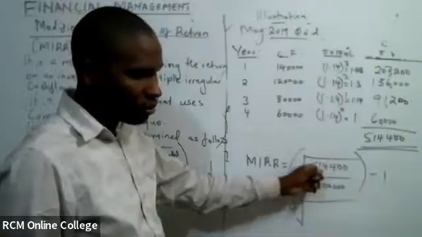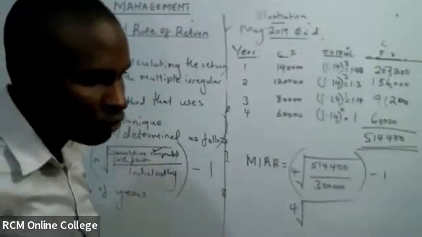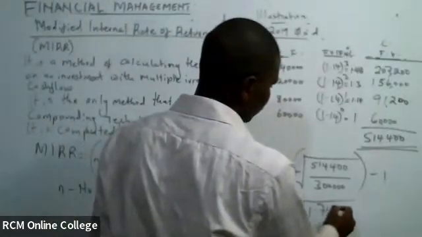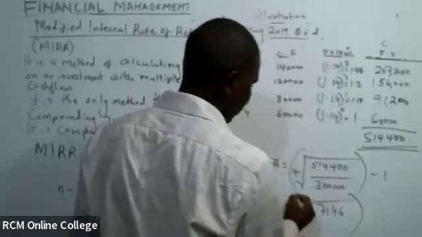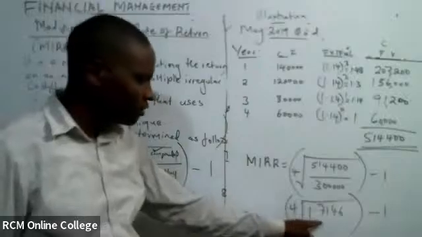This divided by this, somebody. Inside first. 1.7146. Then find the fourth root of that and subtract 1. What is the fourth root of this?